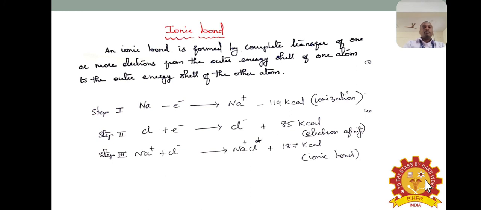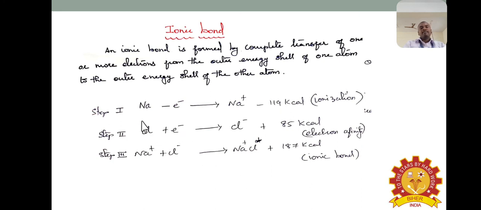Next one is the ionic bond. An ionic bond is nothing but cations and anions combining together to form a bond, which is called an ionic bond. Here we are going to explain the formation of sodium chloride from its neutral atoms.